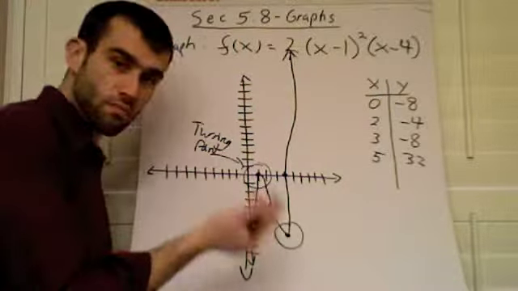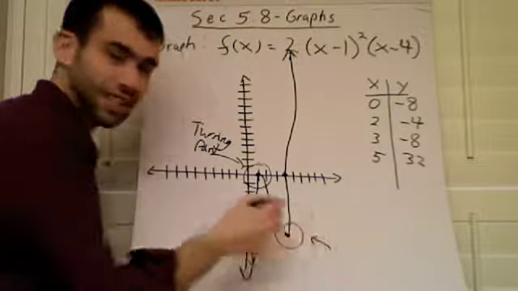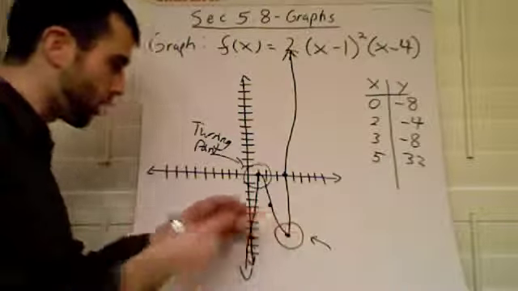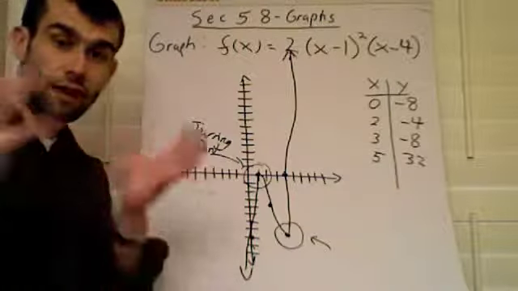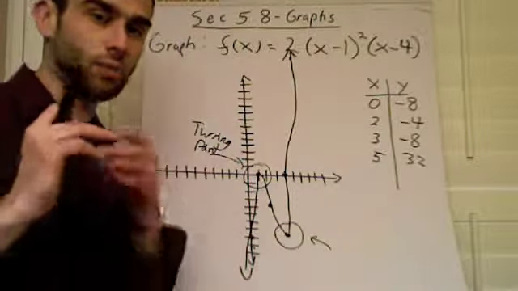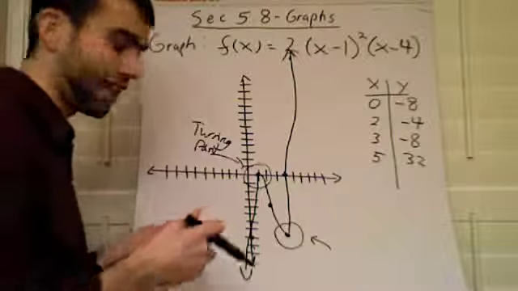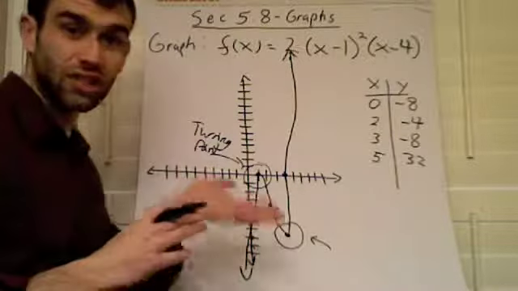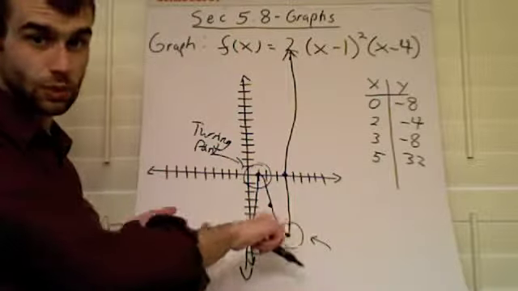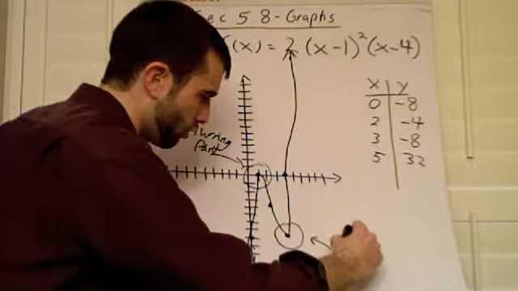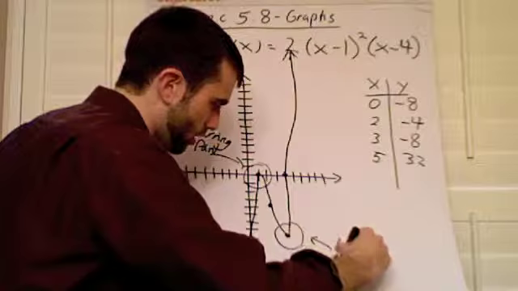Well, a local minimum is right here because this is a turning point where it gets no farther down. So if we think about mountain ranges, this is a smaller mountain, but it's still bigger than a hill. It's not Mount Everest, but it's still significant. We call it a mountain, even though it's not the highest one, or the lowest one in this case with a valley. So this is a local minimum.